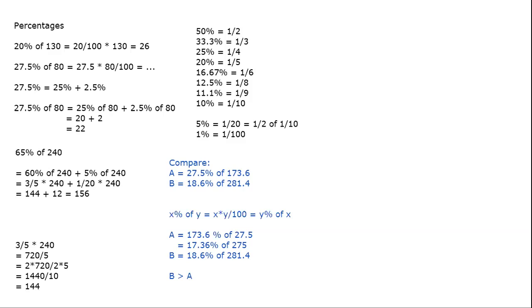For example, how do I use this to calculate stuff? Say, I want to find out the value of 28.4% of 240. Now 28.4% is a complicated value, right? Even if I break it up, 20 plus 8.4, 8.4 is not going to help me much.